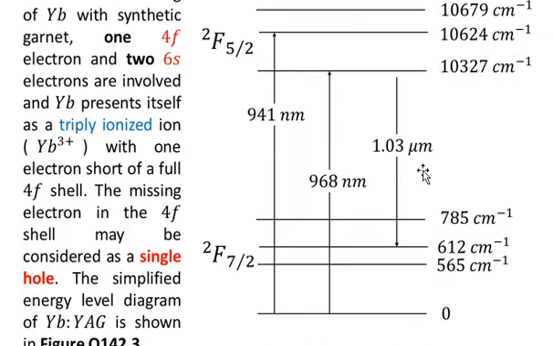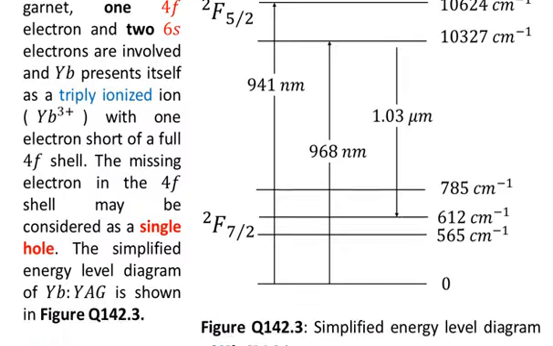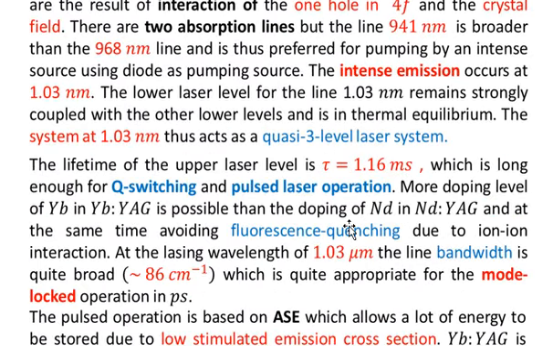So if you read in micron, it will be 1.03 micrometer. And if you read this in terms of nanometer, it will be 1030 nanometer. So this is a typing error, I think. So it should be 1030 nanometer or 1.03 micrometer.